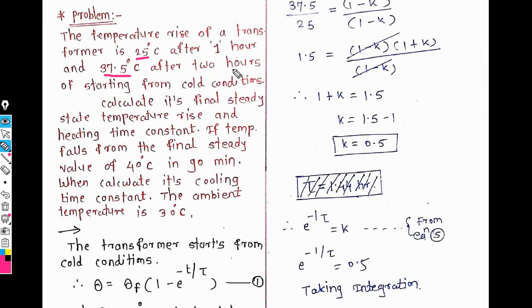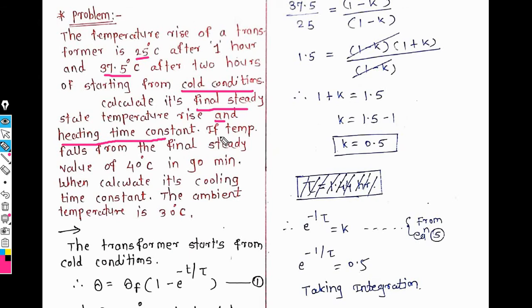After 2 hours of starting the transformer from cold condition, calculate its final steady temperature rise. That means the increase in temperature of the transformer during the sudden rise with respect to time, and calculate the heating time constant, that is, calculate tau.